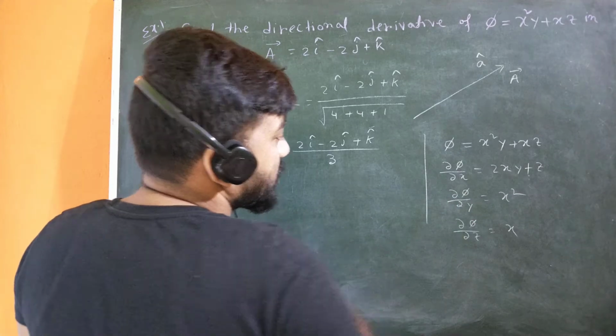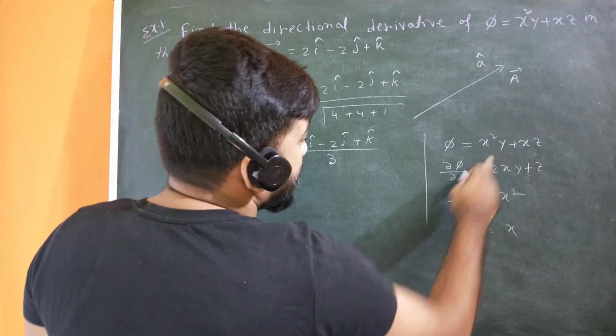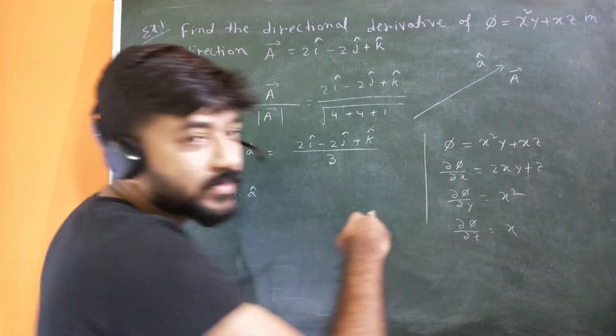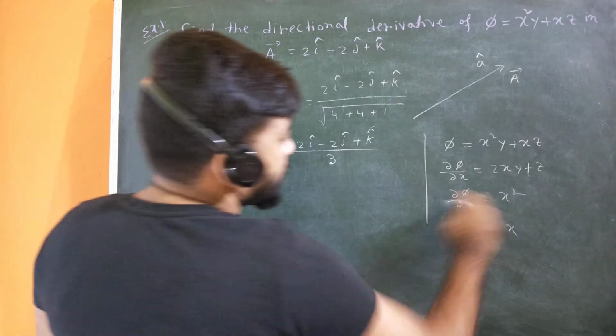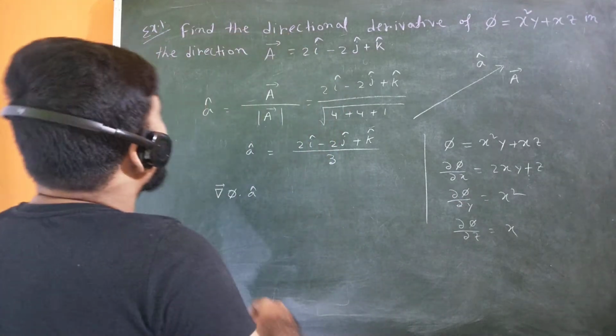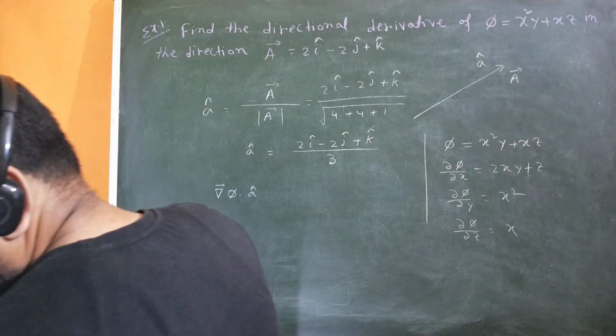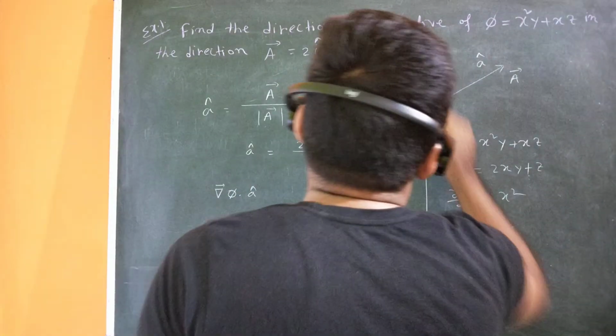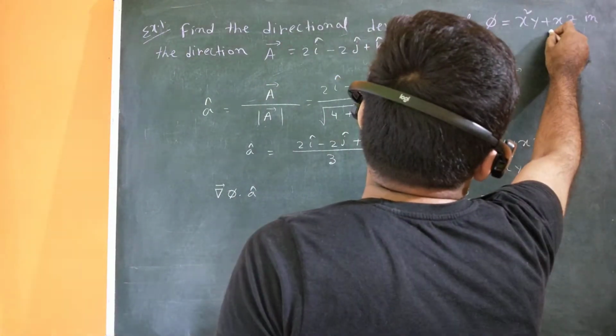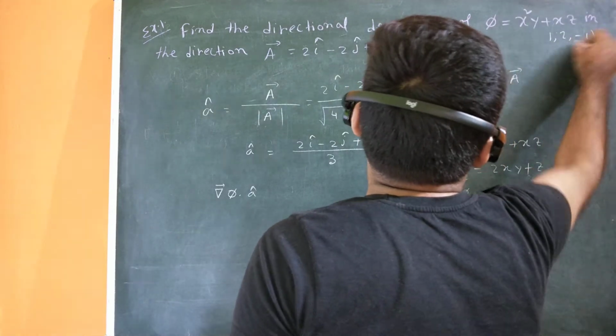Here it is x square because the variable is only y and the rest are taken as constant, and this is x. The point is given as 1 comma 2 comma minus 1.